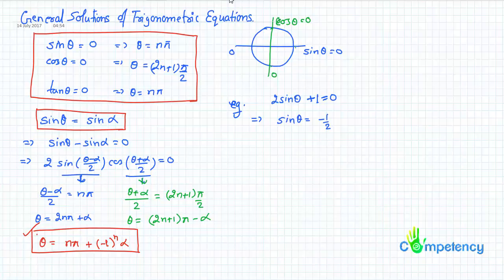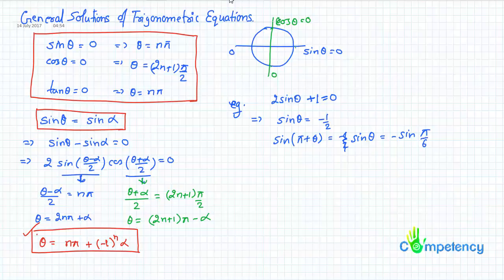Now we have to find the first angle between, say, 0 and 2 pi, where we find sine theta as minus half. As I said, sine theta is negative first in the third quadrant. So there is some sine of (pi plus theta) which is equal to minus half, and we know that this will be minus sine theta. And we know that sine theta is half when theta is pi by 6.